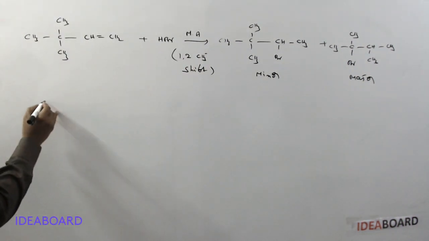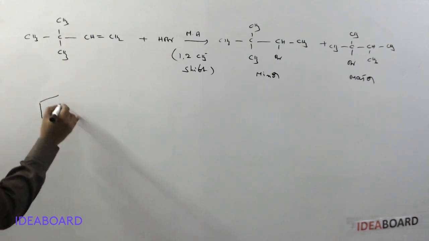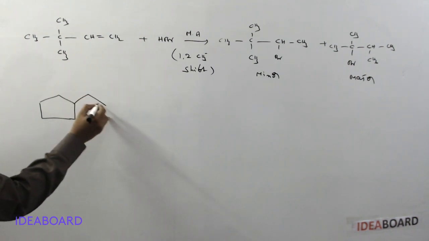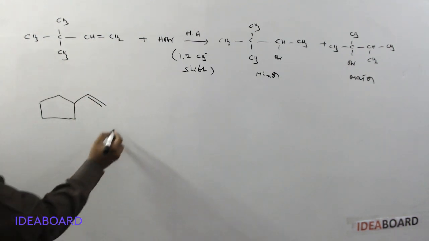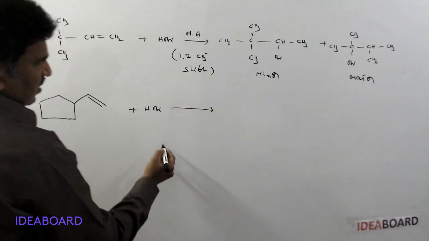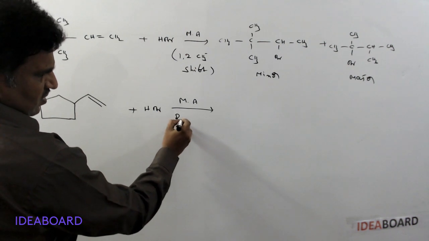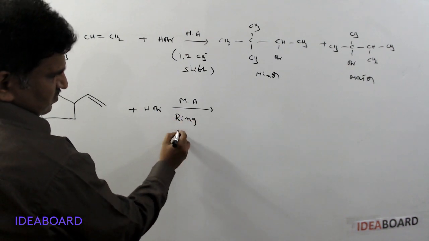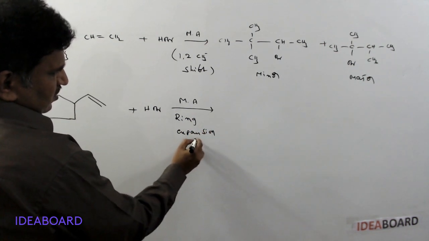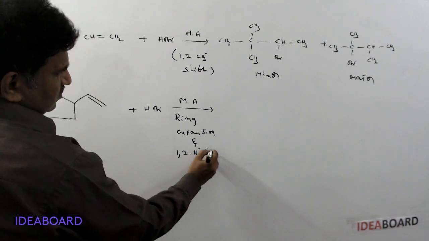Next, suppose you have a cyclic ring and adjacent to it a double bond, and HBr reacts here. Again Markovnikov addition occurs, but here a ring expansion reaction occurs, and a 1,2 hydride shift also occurs.